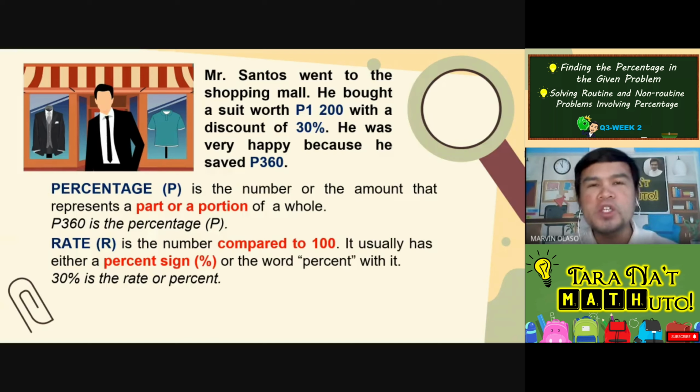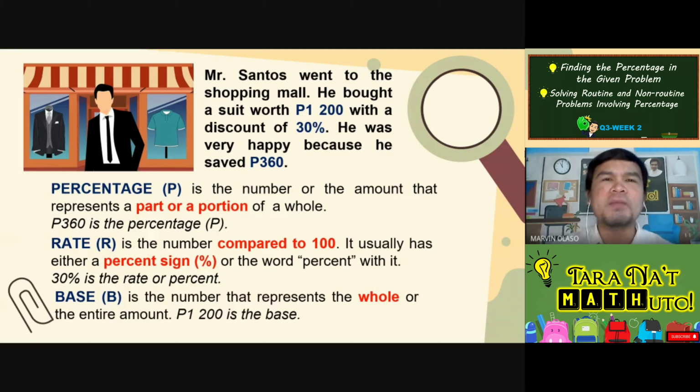So, in the situation of Mr. Santos, 30% is the rate or percent. And what about the base? Base is what we are talking about, the whole or the entire amount. In the given situation of Mr. Santos, the base is 1,200 pesos.